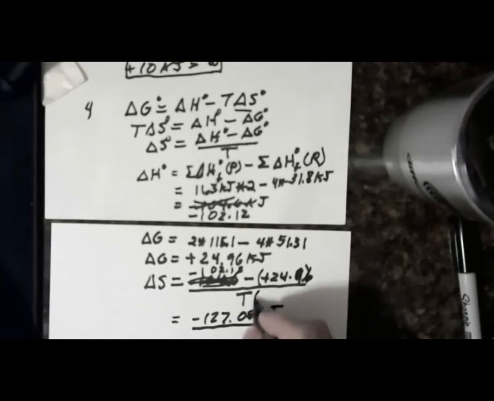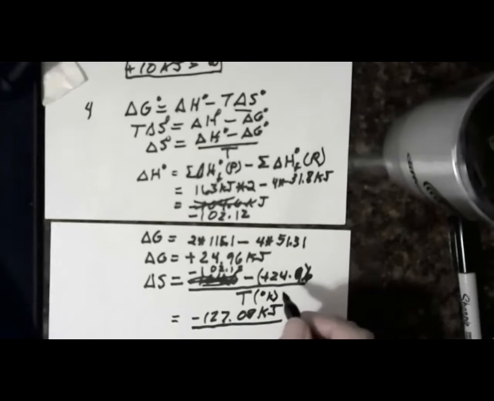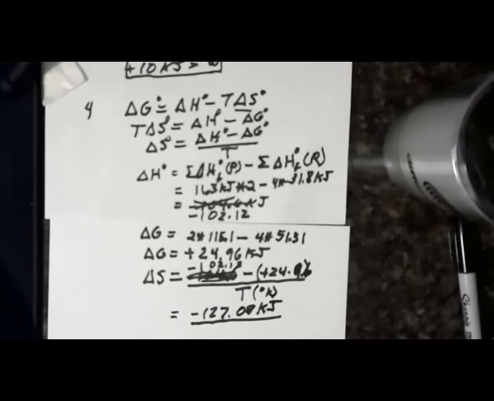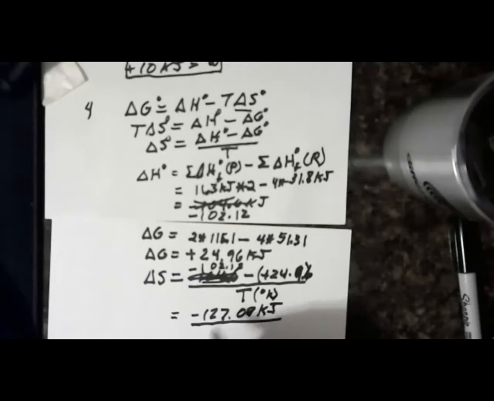The temperature has to be in degrees Kelvin or kelvins. Okay. Now, what is the temperature? It wasn't given. It's implied in the table. The table values are at 25 degrees Celsius. So that's 298.15.